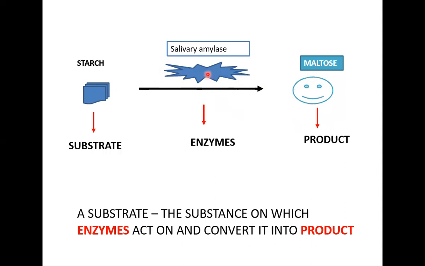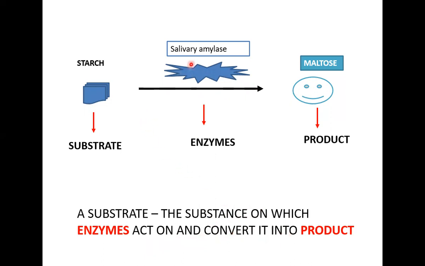So the enzyme will act on the substrate, meaning the salivary amylase enzyme will act on starch and convert it into a product, that is maltose. So anything the enzyme is acting on, converting it into a different form, is called a substrate. That is why, by definition, a substrate is a substance on which enzymes act and convert it into a product.